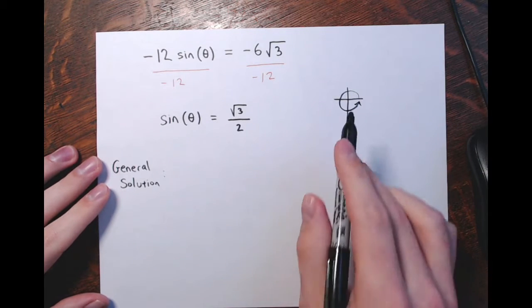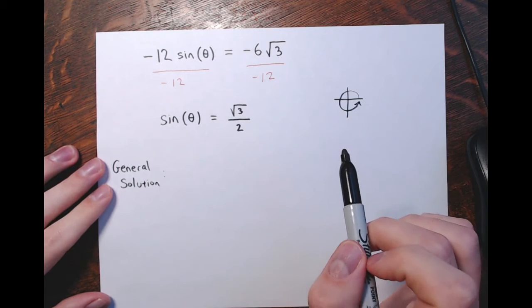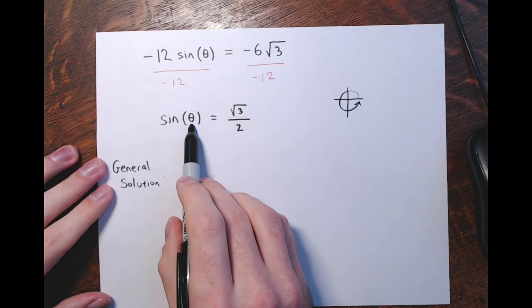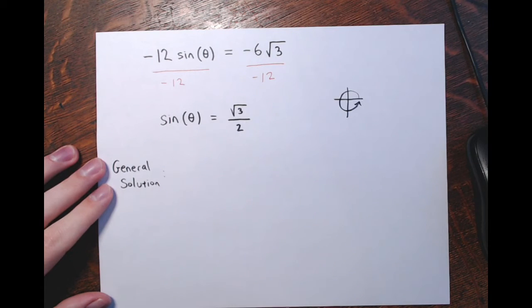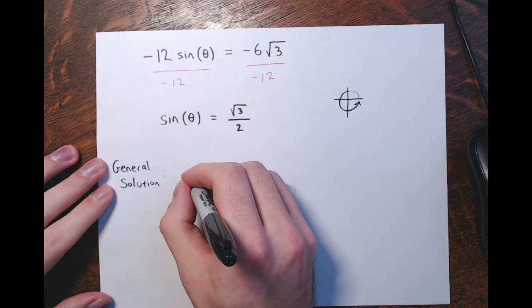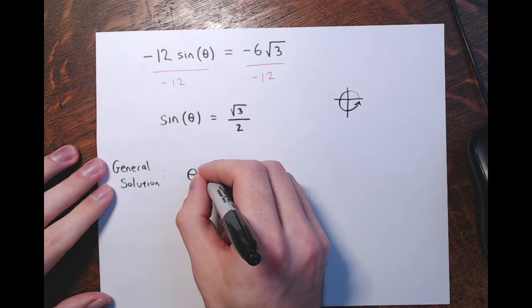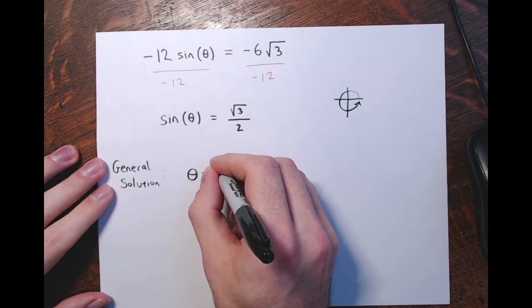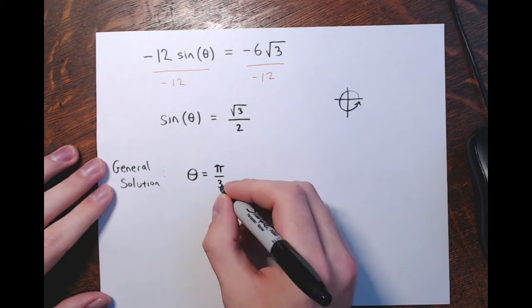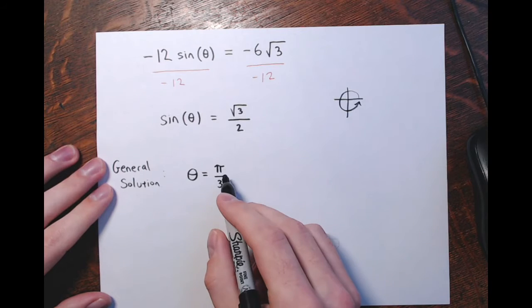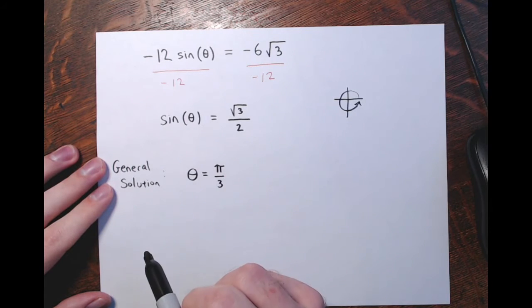And when I go once around the unit circle counterclockwise, what angles, what values of theta have a sine of positive square root of 3 over 2? Well, one of those angles was pi over 3. Pi over 3 radians, 60 degrees if you're in degrees.